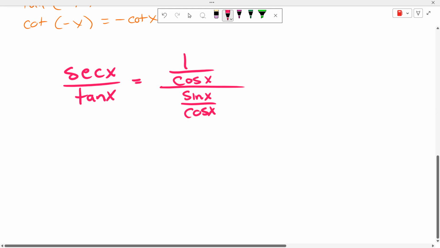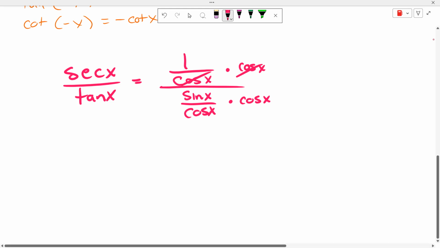Now what did I do? I just made a complex fraction. That's not very nice of me. But I want to get rid of my complex fraction. One way to get rid of a complex fraction that we'll use most of the time in trig is multiplying by the denominator of the denominator. What's the denominator of the denominator? So we'll multiply the numerator by cosine of x and the denominator by cosine of x.